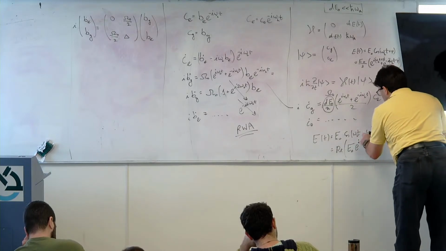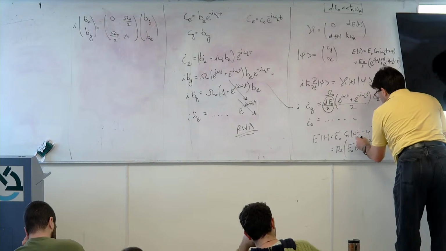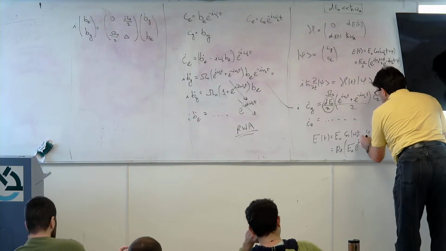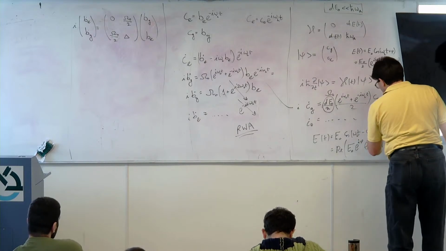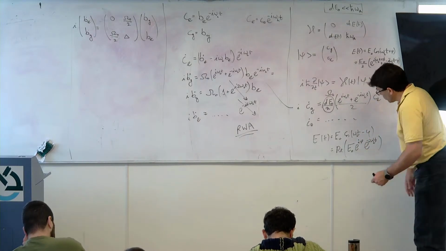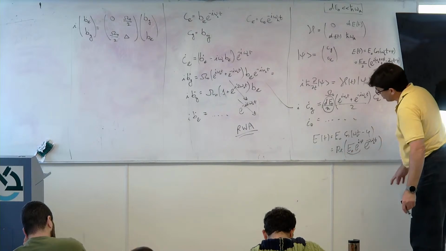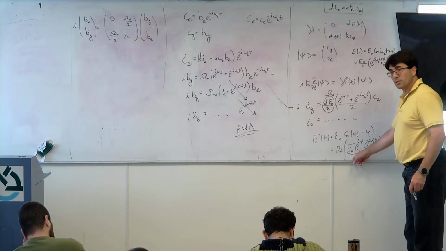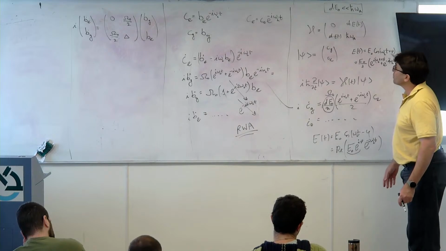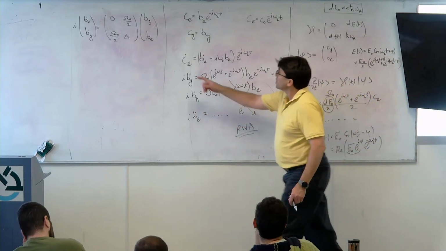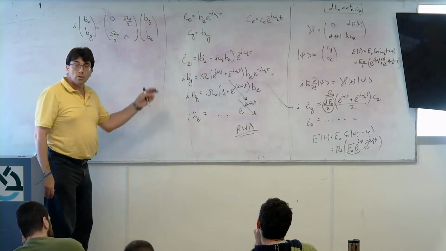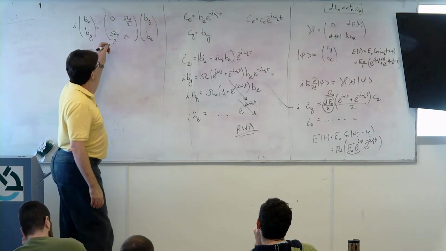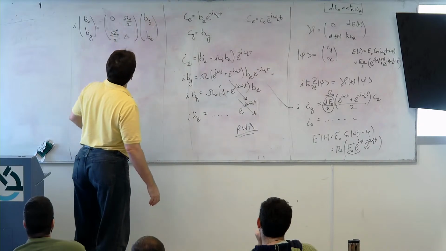Maybe minus, but I don't know, I'll put here a minus and then double minus. Or, in other words, I could call this the complex field. This can be a complex term, but the Hamiltonian needs to be Hermitian, and all that happens is that this becomes complex conjugate.